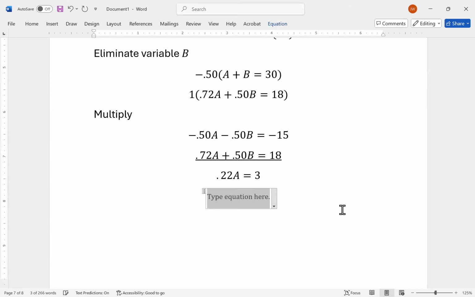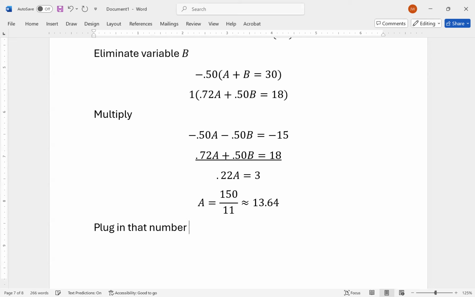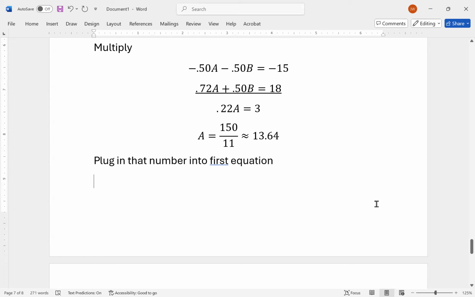Fraction-wise, that means that A is 150 over 11, which is approximately 13.64. And then I'd plug that into the first equation. That way I can solve for B. First equation was just A plus B equals 30.